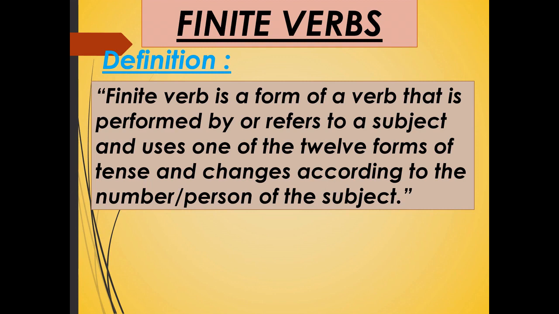Or in simple way, we can say that a finite verb is a verb that has a subject and shows tense. Or we can say a finite verb can change according to tense, number or person of the subject.